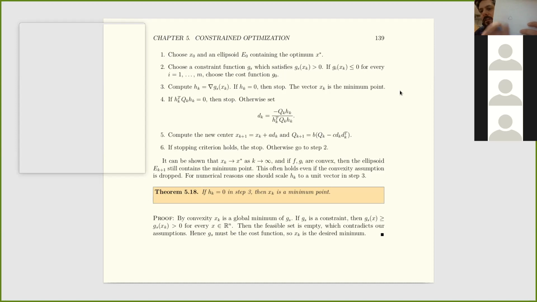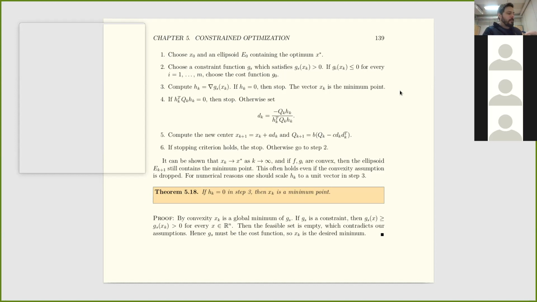It's definitely not an ellipsoid. And let's say that the ellipsoid that I have drawn at this point looks like this. I know for a fact that this ellipsoid contains the whole feasible region, so we're good, because it must contain the optimum point.